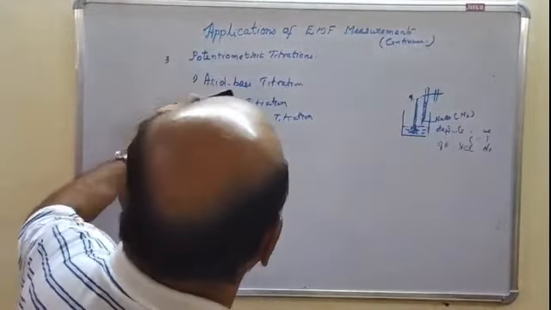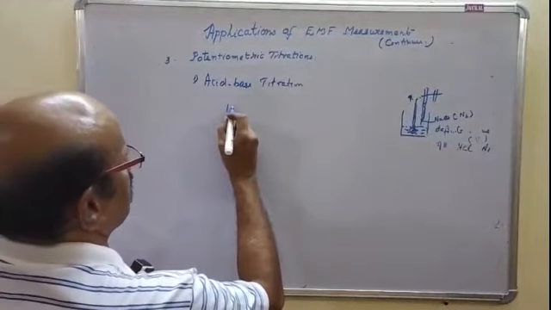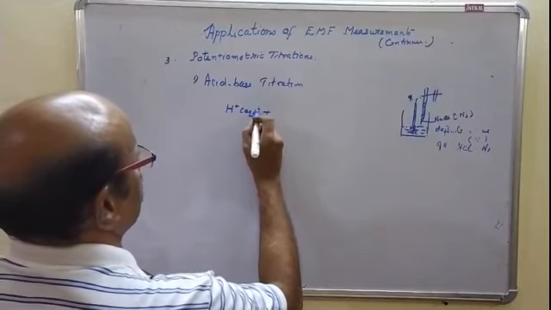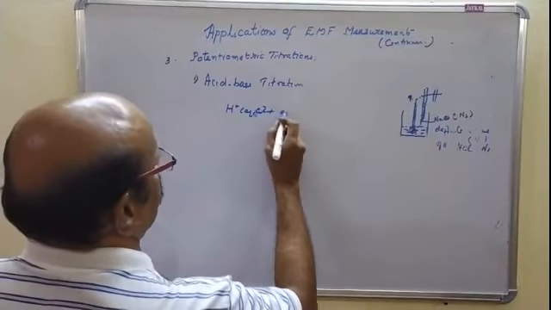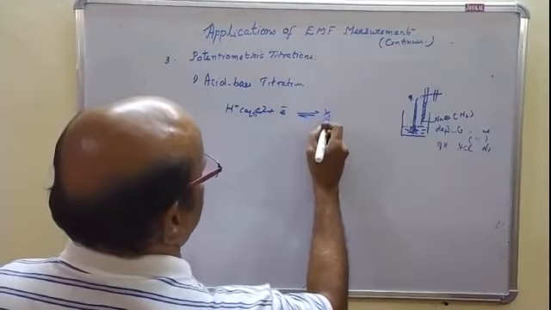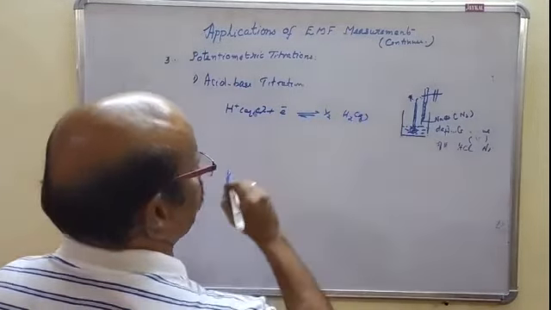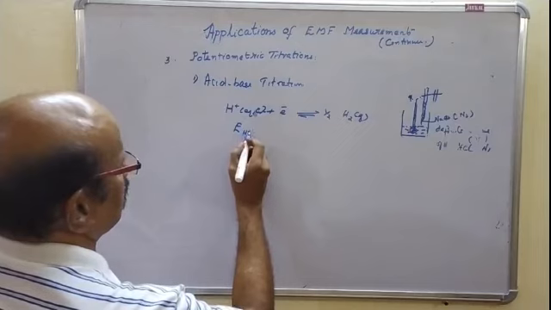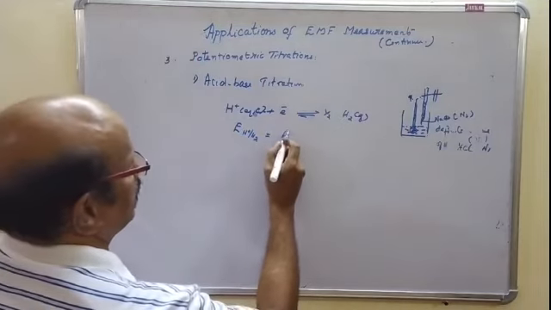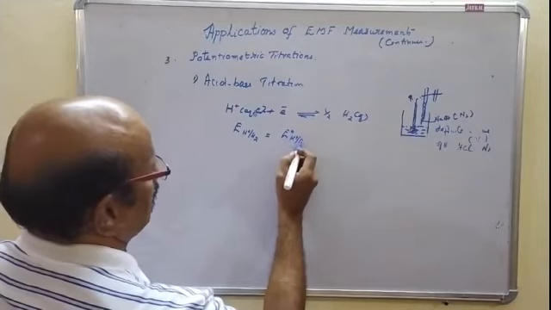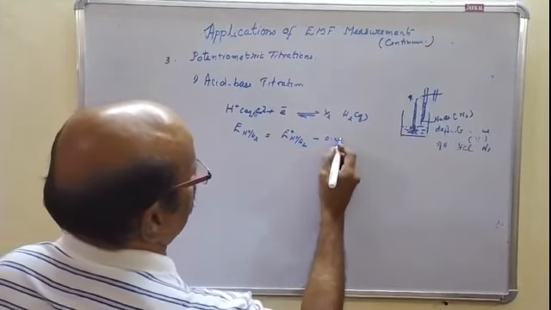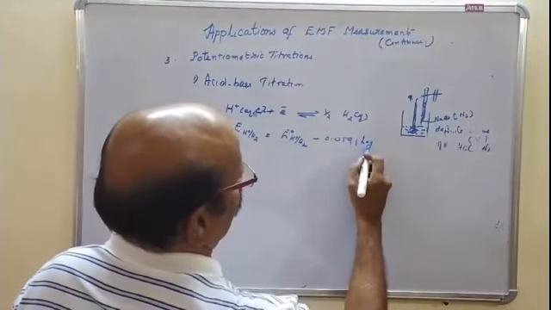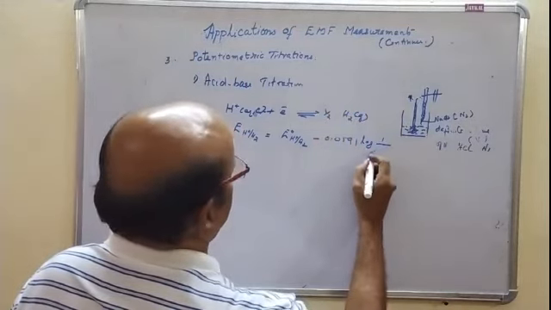In the case of acid-base titration, the reaction employed is H plus aqua, of concentration C, plus electron, reversibly gives half H2 gas. The E of H plus/H2 is equal to E0 of H plus/H2 minus 0.0591 by n, that is 1, log of half H2 divided by H plus.